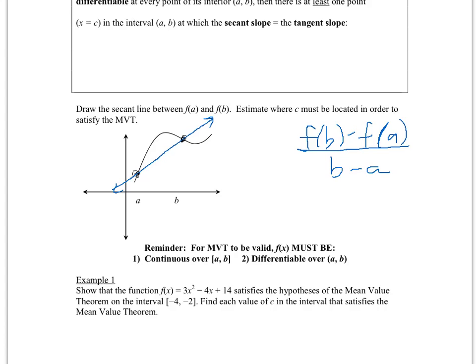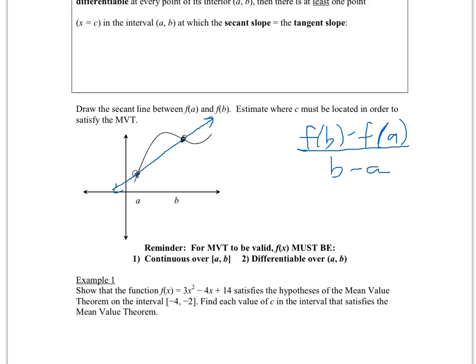Now, since the function is continuous over the closed interval from a to b, and it's also differentiable, so a reminder about that. There's no cusps, there's no corners, and there's also no vertical tangents on this particular graph. Then this mean value theorem says that there's at least 1 point at which the tangent slope will equal the secant slope.